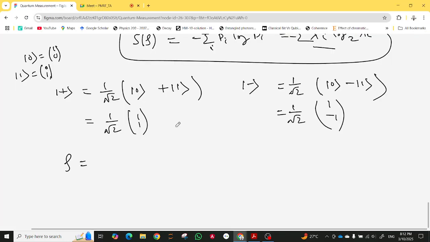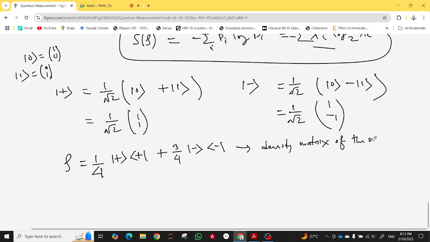So this is for the plus, and this is for the minus. So this is your density matrix of the mixture.